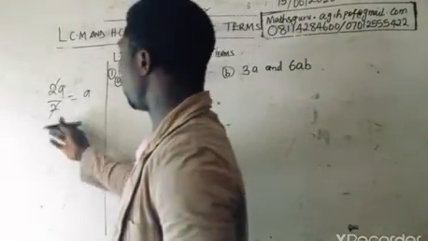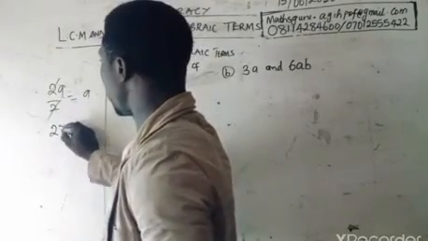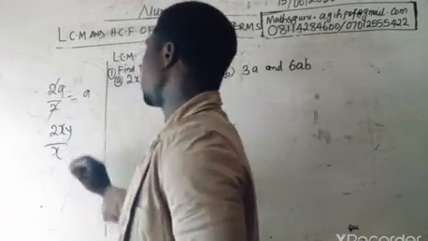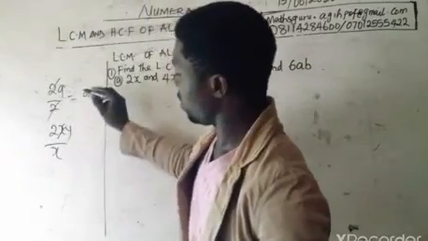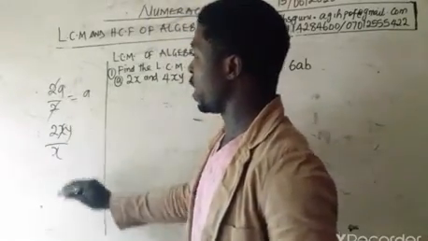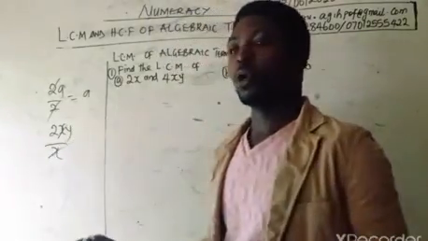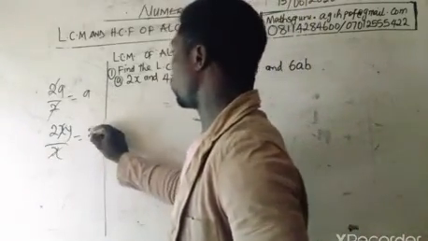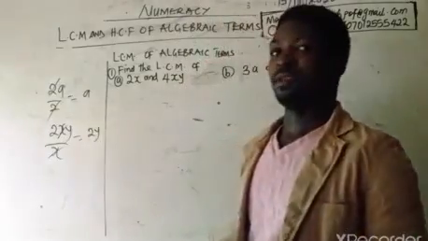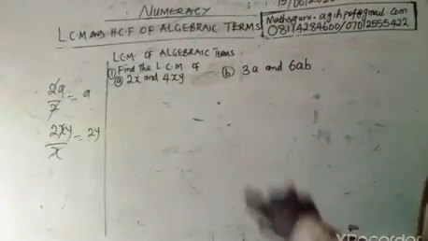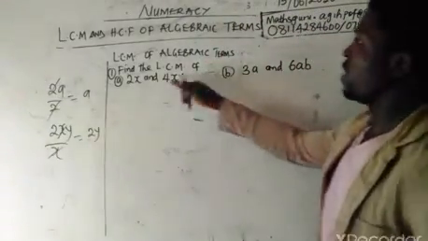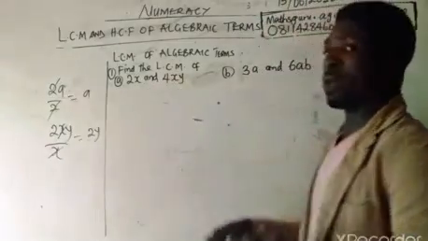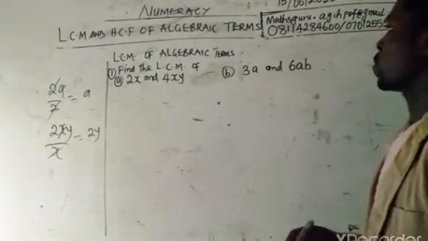If we have a number like 2xy over x, since x is up here at the numerator and x is below as the denominator, it can be wiped off to have 2y as your remaining answer. So if you can recall this, then questions on LCM will become very simple.